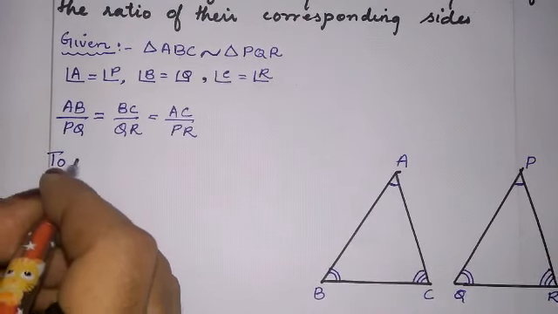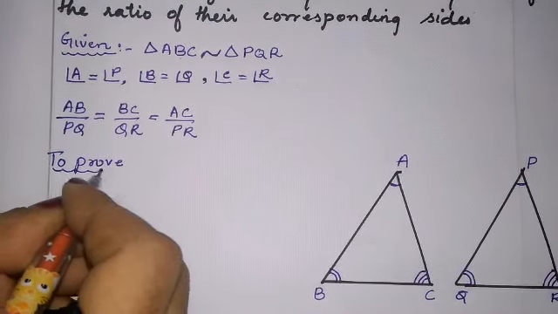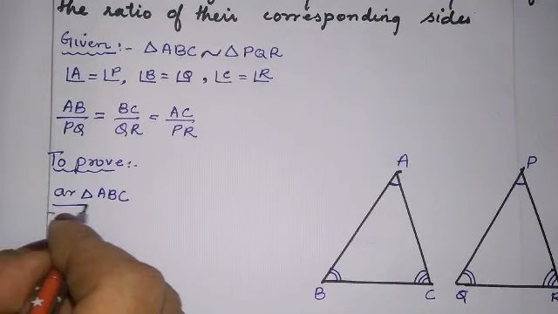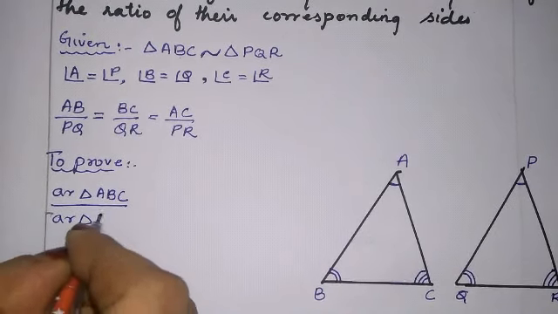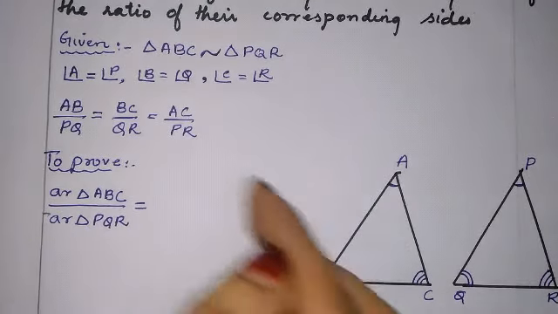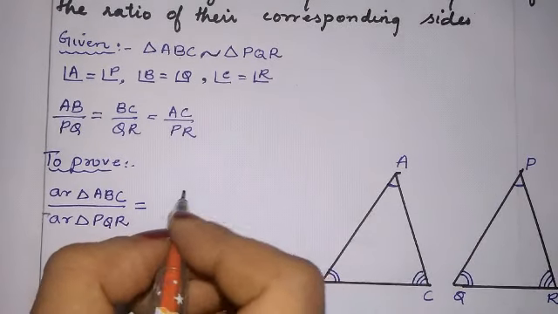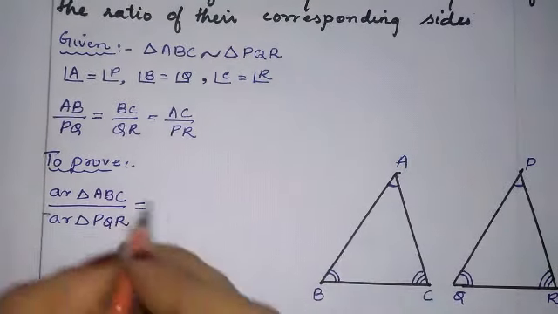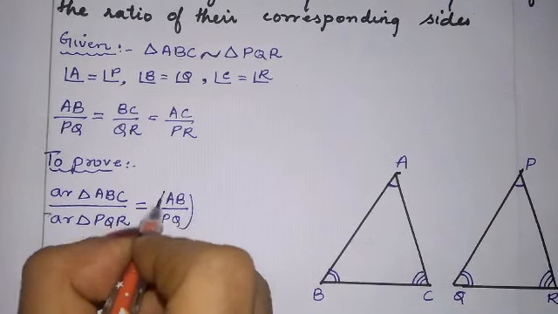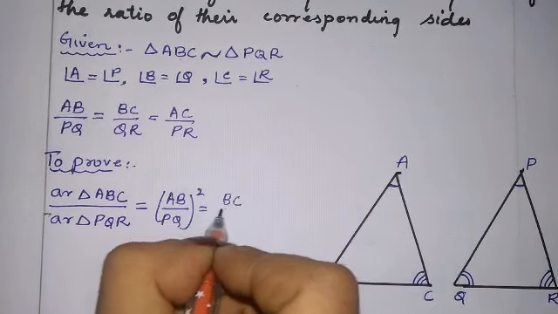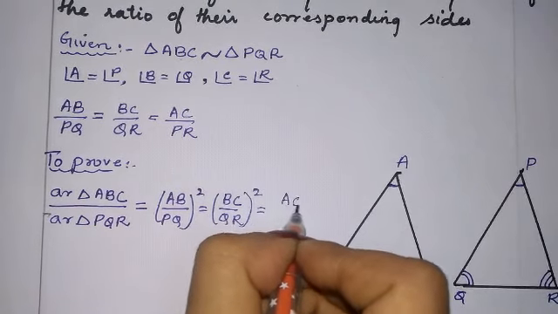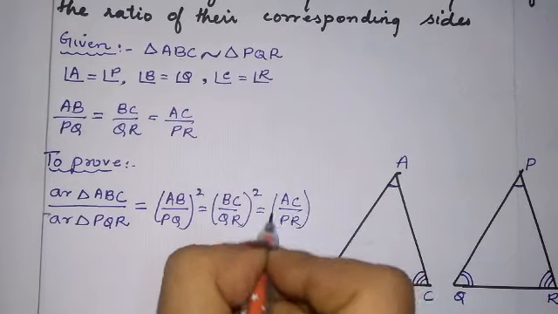The ratio of the area of triangle ABC to triangle PQR is equal to the square of the ratio of the corresponding sides, that is, AB by PQ whole squared is equal to BC by QR whole squared is equal to AC by PR whole squared. This we need to prove.